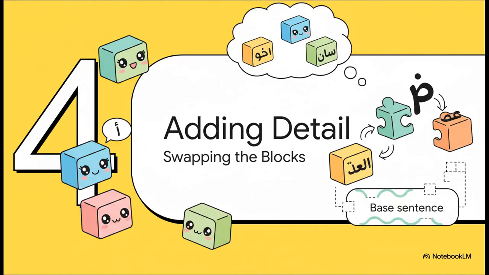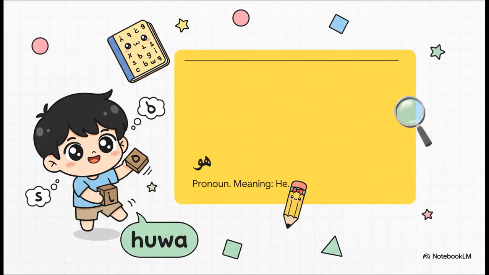Now that we have a base sentence, the real power of this building block method starts to show. We can so easily swap blocks in and out to change the meaning and add way more detail. Let's start by just swapping out the subject. What if it's a boy playing? Simple. We'll take out that hiya block and replace it with the word for he, which is huwa.